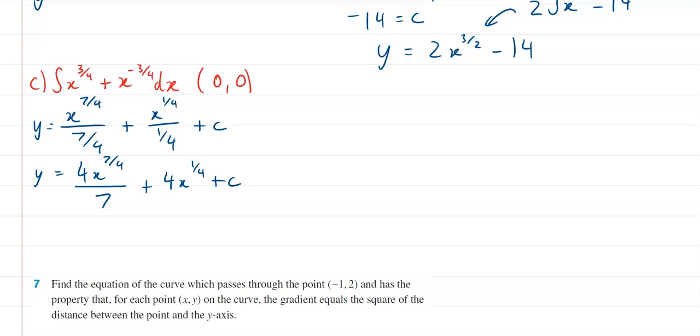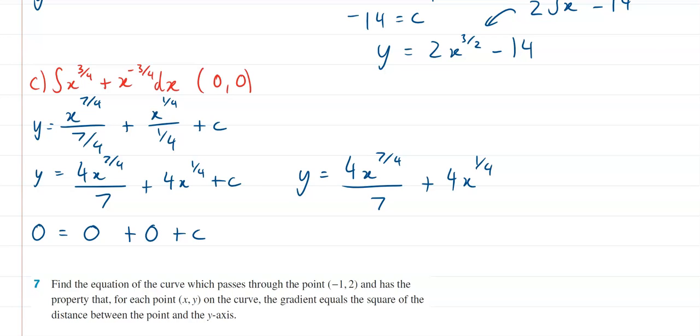Because we have x terms in each item here, so 0 equals 0 plus 0 plus c, we can obviously just say that c equals 0 when we sub in this point. So our final equation is simply what we had at this line here. We could do these with surds, but let's just leave it in this form. I think it's a bit easier to write out, at least at this stage. But you could change that if you wanted to use surds when subbing in values.